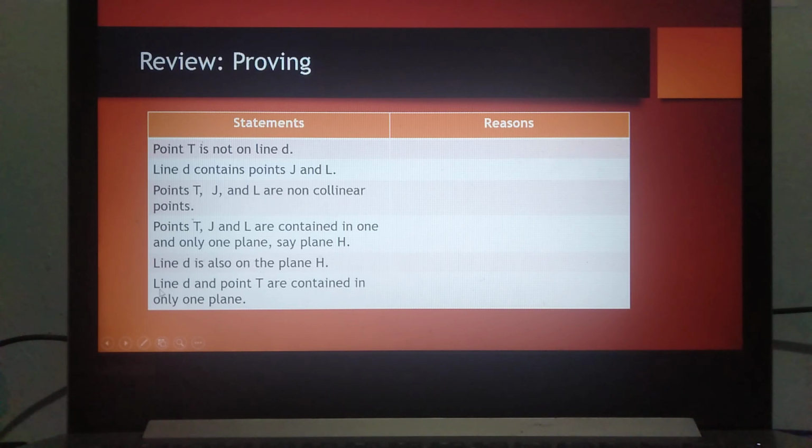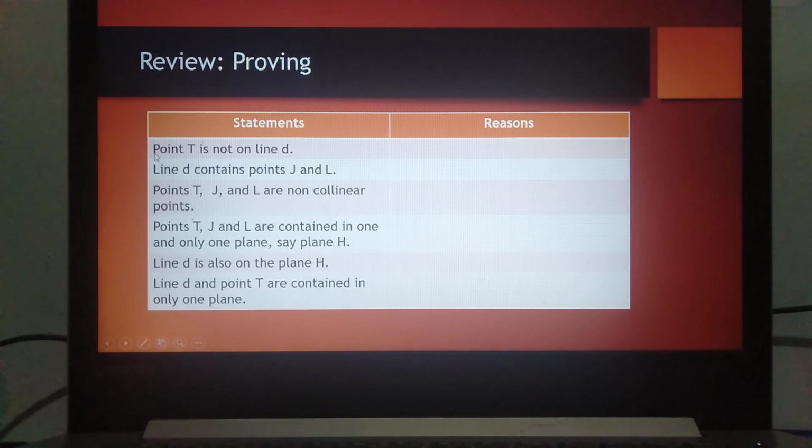Next, for the last one, line D and point T are contained in only one plane. So here, in statement 1, 2, 3, 4, 5, for the fifth statement, may line D daw tayo.